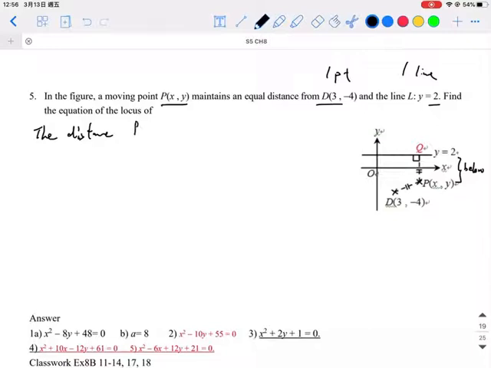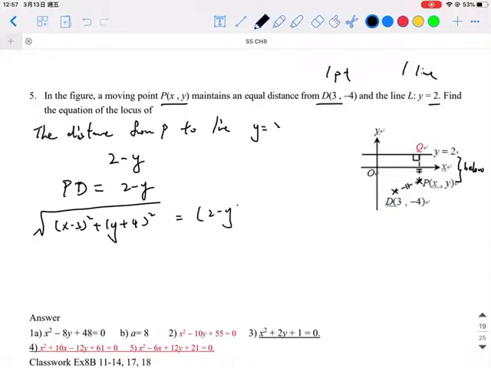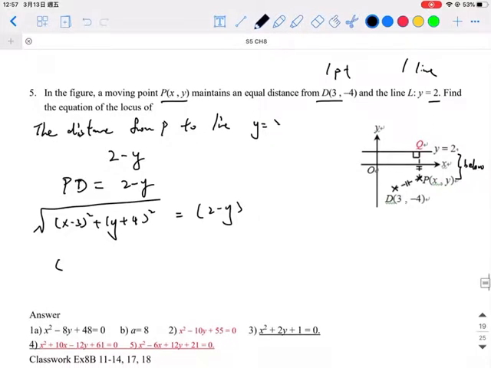The distance from P to the line y equal to 2 is 2 minus y. So the equation is PD equal to 2 minus y, which is equal to the distance point formula, equal to 2 minus y squared. Oh, sorry, here. And then you get some simplification.